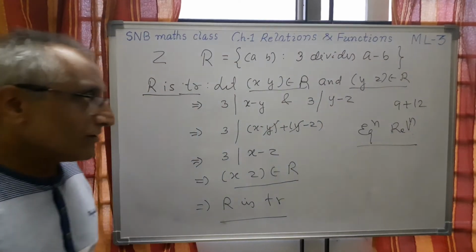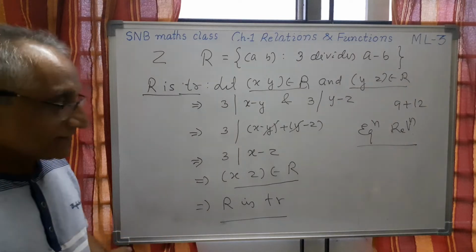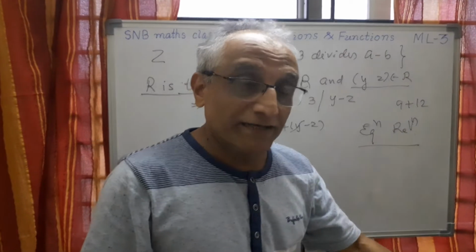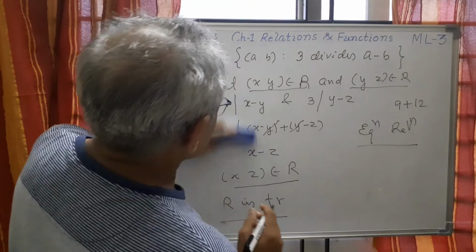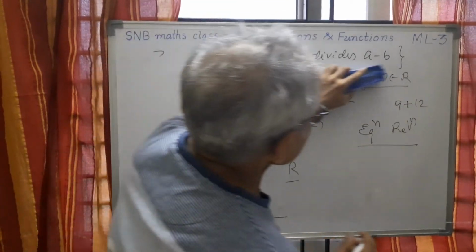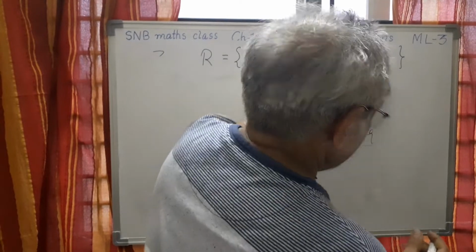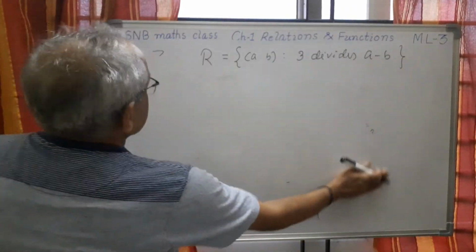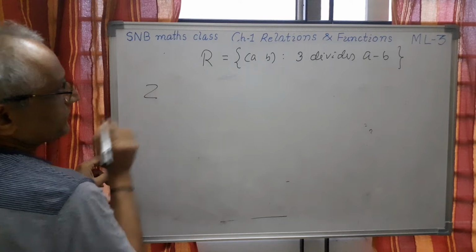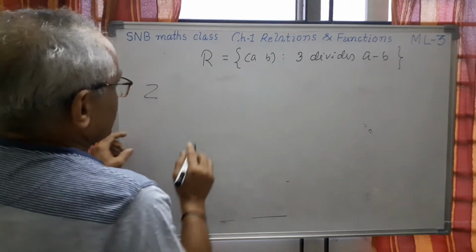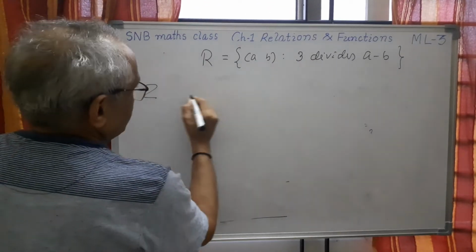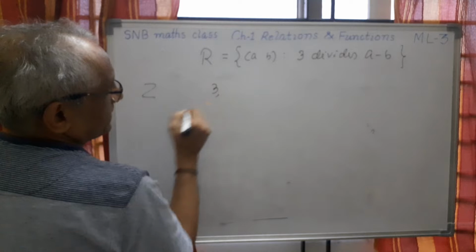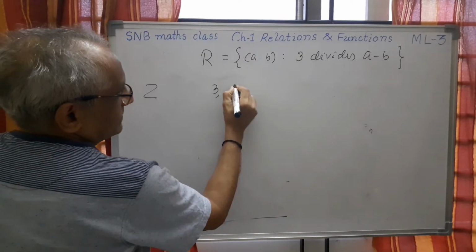But what I want to tell you something more is that this equivalence relation has a specific property. It's a very interesting property that let me tell you. Here you see with the same example, when you take Z, if a and b belong to Z, the difference of those elements is divisible by 3. For example, if I take 3, I can take 6 also.